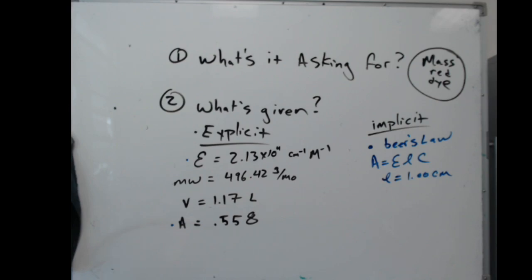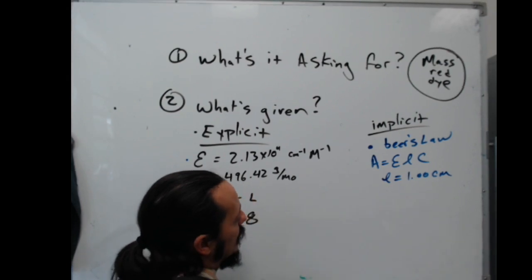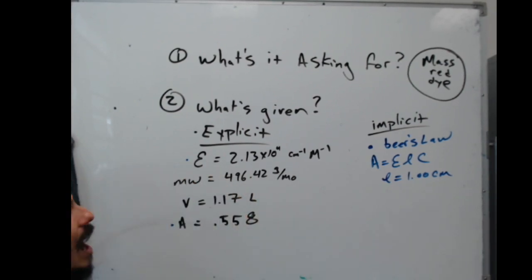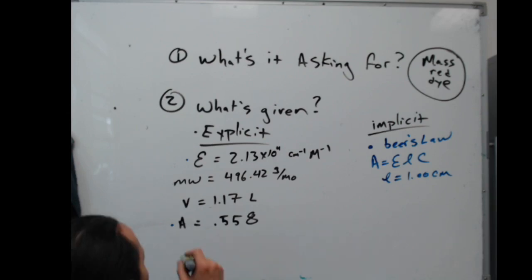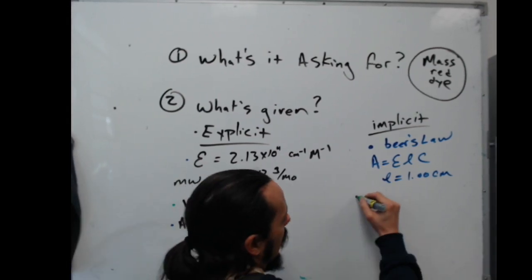So we know we're going to be using Beer's law. That's going to get us to some concentration. What other things are we going to need in order to solve this problem? What do we do with concentration? And what explicit information? We could use the M1, V1, M2, V2.